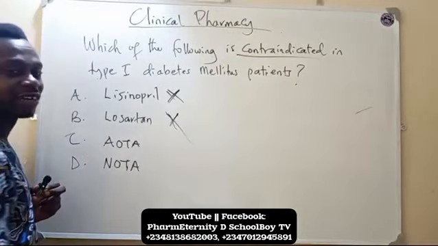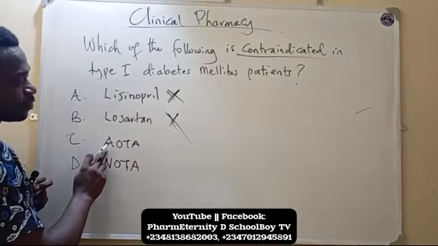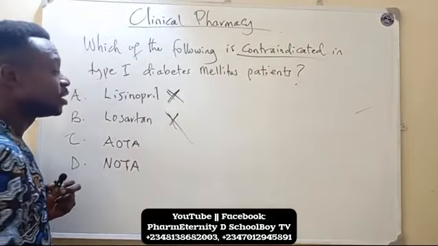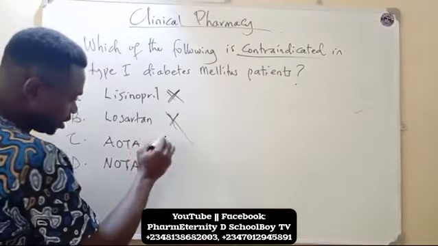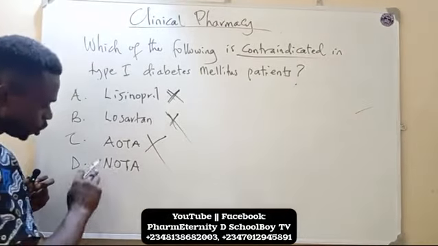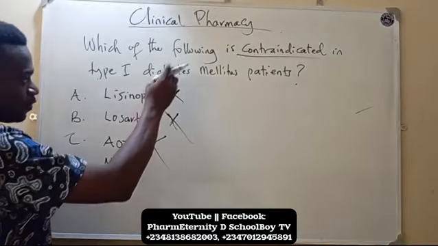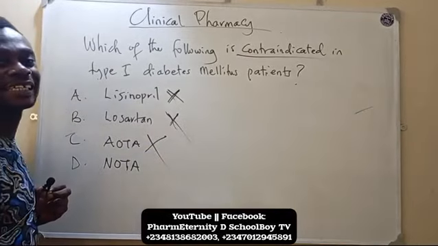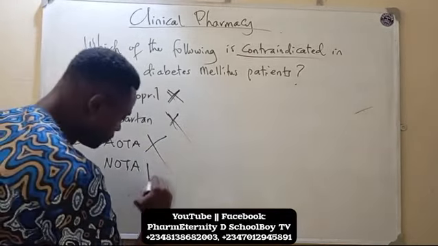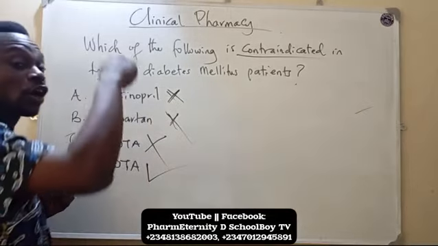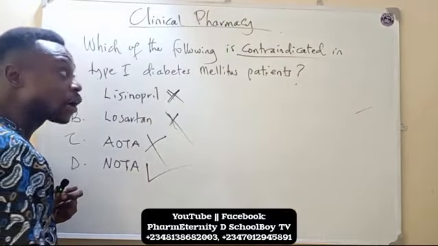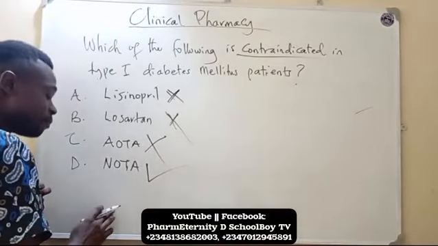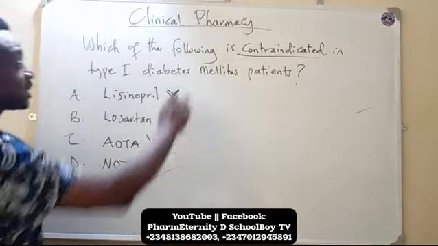All of the above are indicated, so it's not the answer. None of the above is contraindicated. So the answer is none of the above because none of them is contraindicated. All of the above are indicated. So the answer to this question is D.